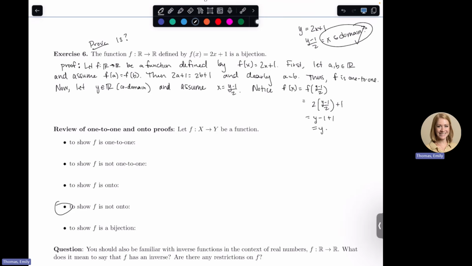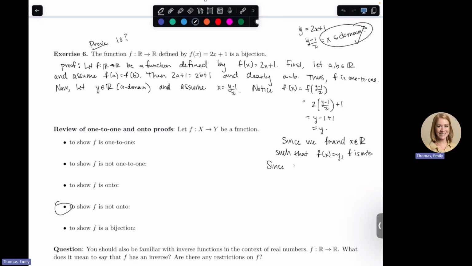All right. And then you would say something like, since we found x in R such that f of x equals y, f is onto.